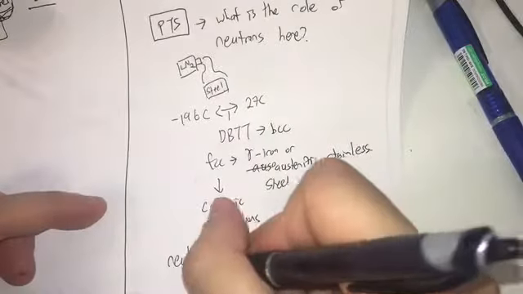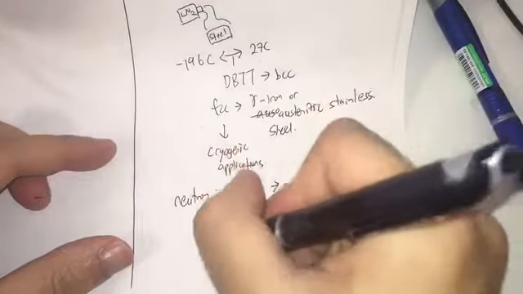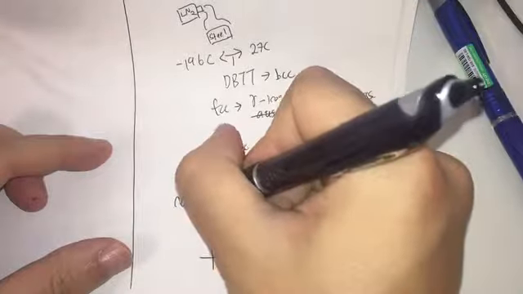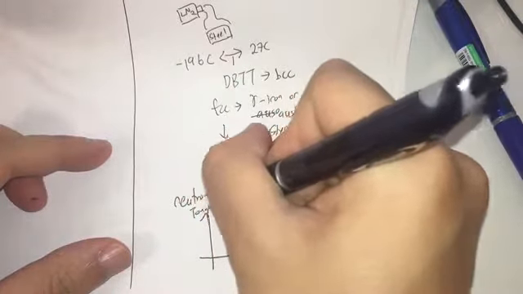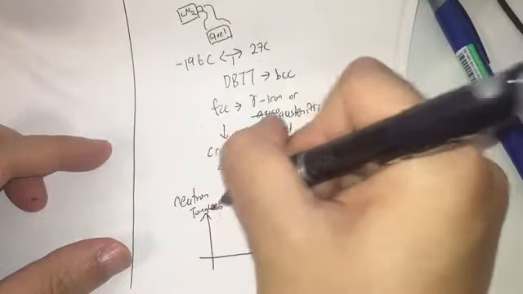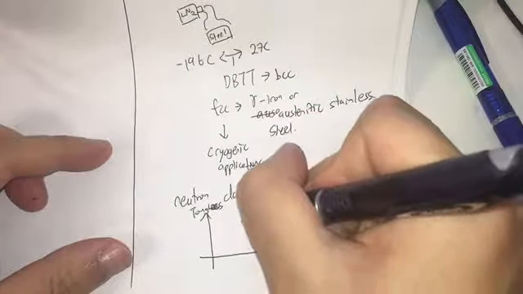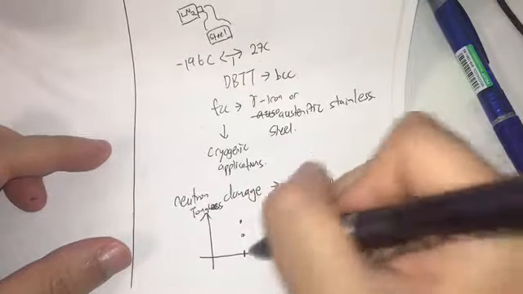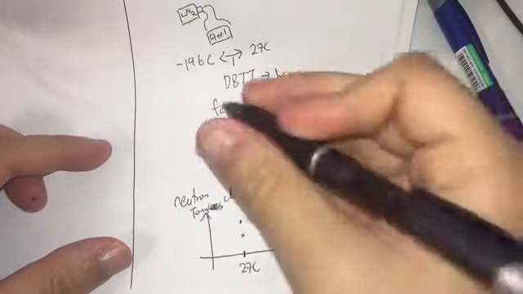So if one were to draw a graph of toughness versus temperature, and then you have something like 27 degrees C.